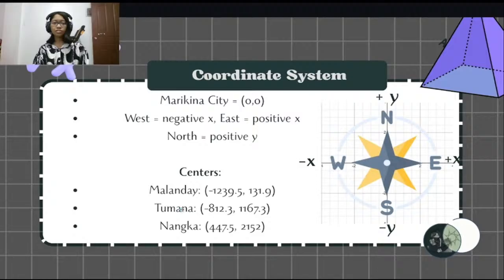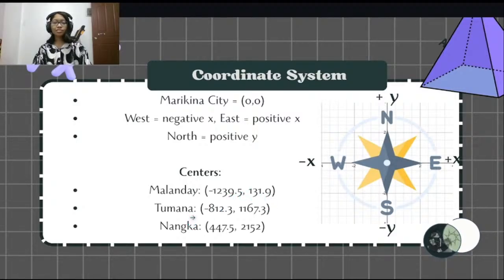Tumana, the center is 812.3 meters west, negative x. So, negative 812.3 and 1,167.3 north, positive y. So, 1,167.3.